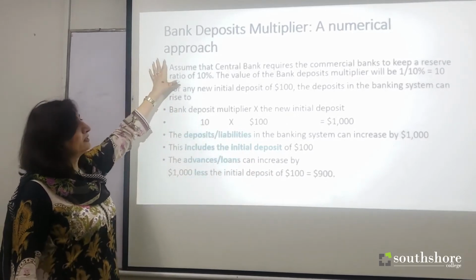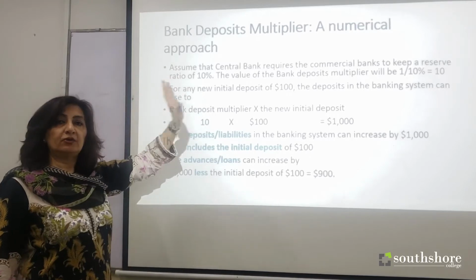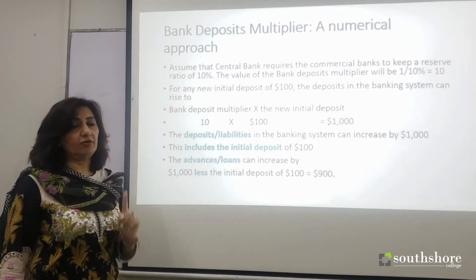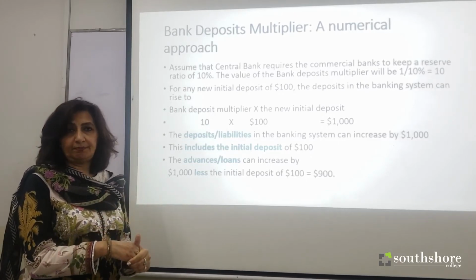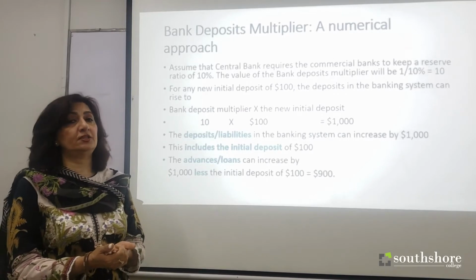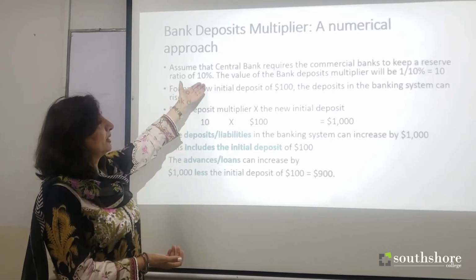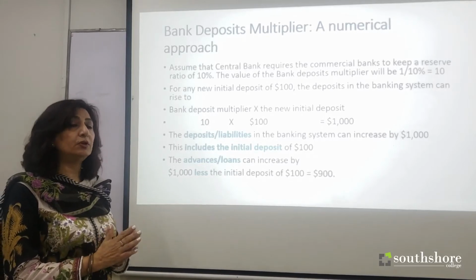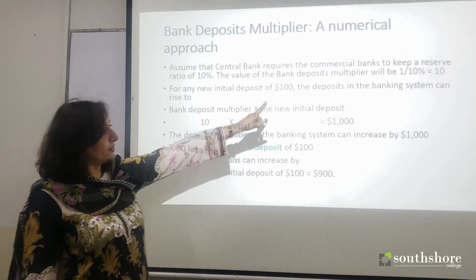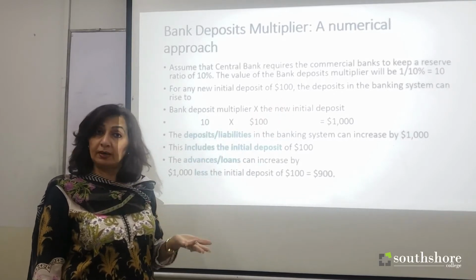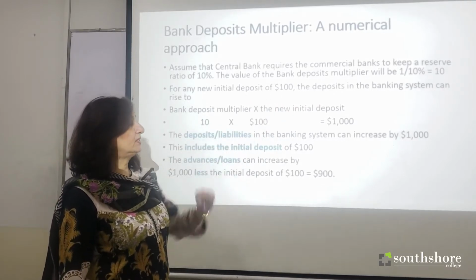Okay. So let's assume that the central bank of this country wants the commercial banks to keep at least 10% of any money which is deposited with them, so that they can meet the requirement of the depositor when he comes to cash his check. So the value of the bank's deposits multiplier will be, given our formula, 1 upon the liquidity ratio. That's 1 upon 10%, which is the same as 1 upon 0.1. So the value is 10.